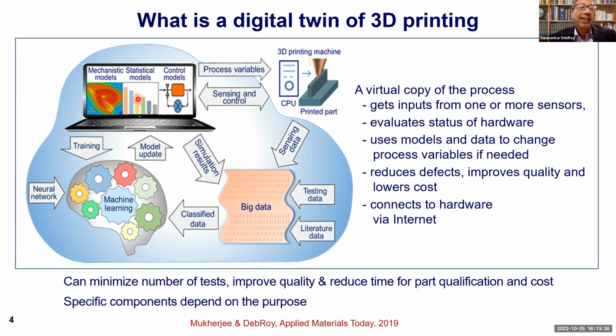Physics-based models, data-based models such as machine learning and statistical models, and overall, the performance of this virtual replica of the physical process improves with time because this particular tool also gets data and it uses data. So more data means we can do better in terms of the quality of the parts that we make.